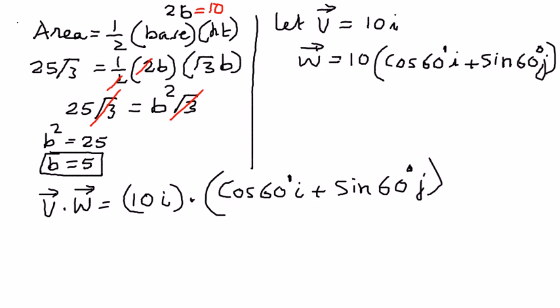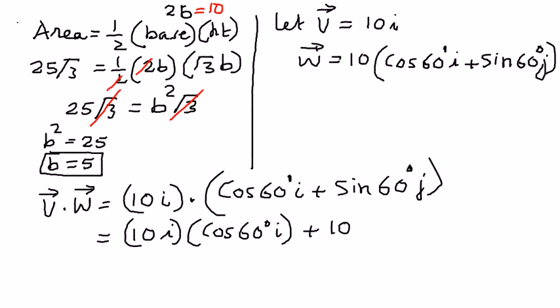Therefore, when we simplify this, this is going to be 10i times cosine 60 degrees i plus 10i times sine 60 degrees j.